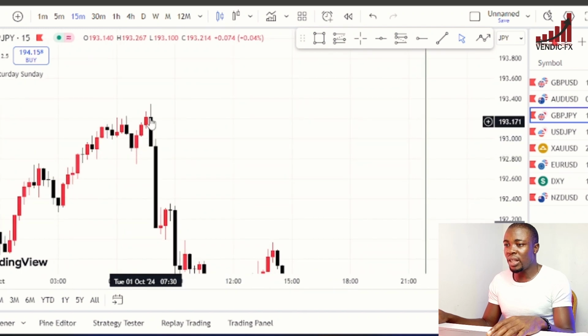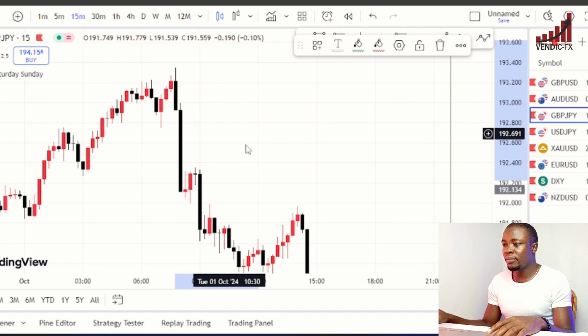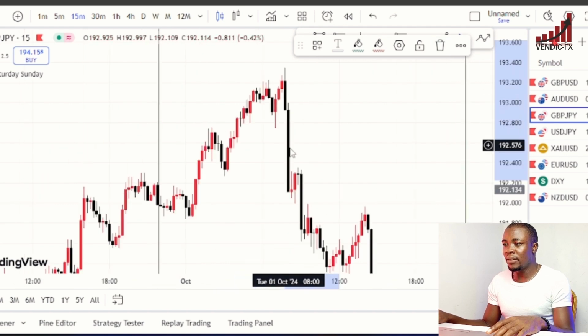This is 1, 2, 3 consecutive bullish candles, and then a clean engulfing candle that engulfs the previous 2 candles. So this is a typical example of what I'm looking at. It is a clean entry that you could have traded off of.